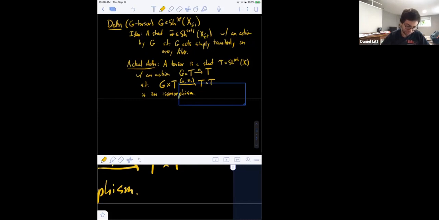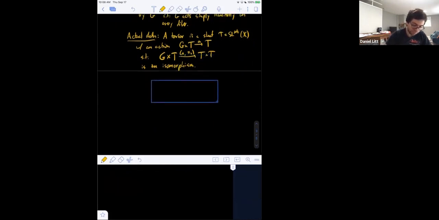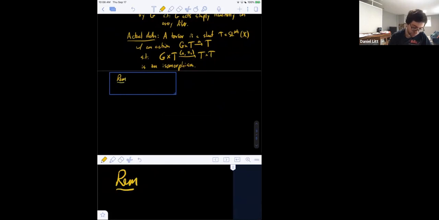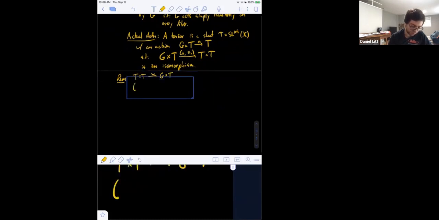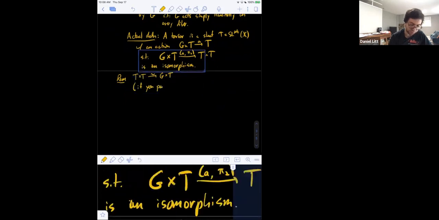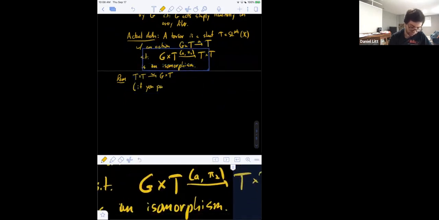Okay, so maybe it's worth remarking, this is kind of a funny point of view. What does this condition say? It says that T times T, I'm reversing the arrow here, is isomorphic to G times T. One way of writing that is that if you pull back, by the way, these fiber products are over X, and they're products in the category of sheaves.